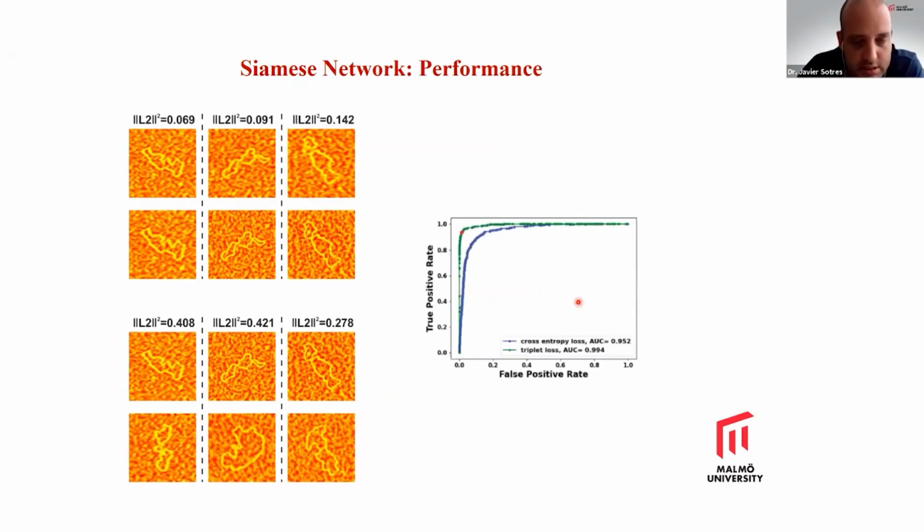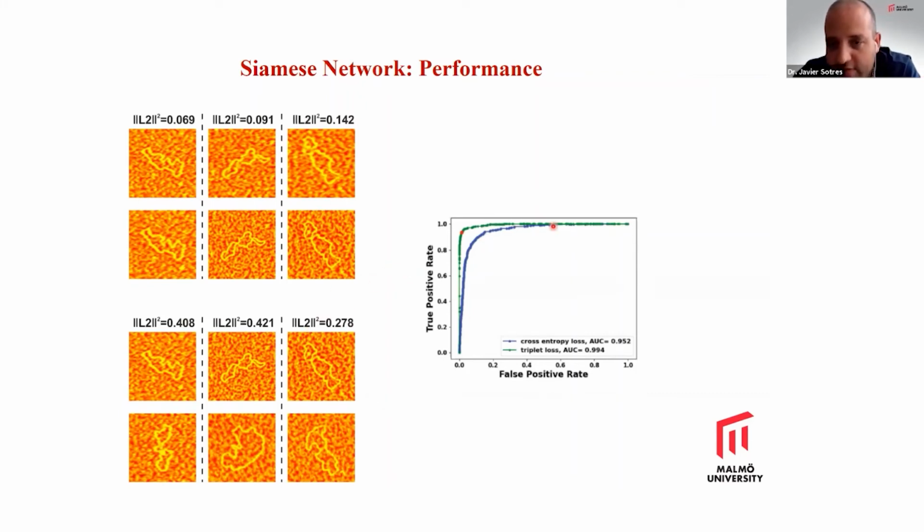And well, this is an example of the performance of these Siamese networks. The distance that we used was just the squared Euclidean distance. You can see that when we input to the Siamese networks images of the same molecule, the distance is quite low, and it is higher when we input different molecules.